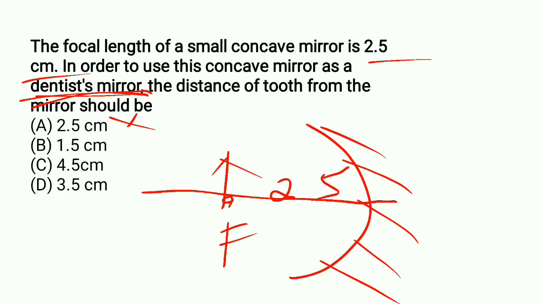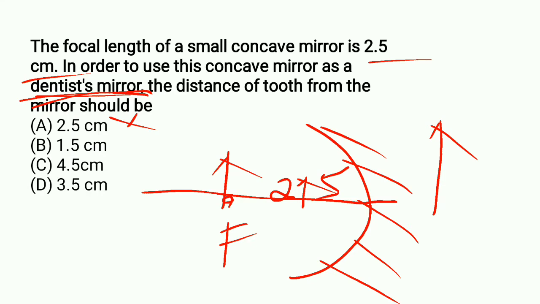Option B, 1.5 centimeter. Let us suppose that the distance between the mirror and the tooth is 1.5 centimeter. As we know, whenever the object is kept between the focus and the pole, the image formed by the concave mirror is virtual, erect and enlarged.